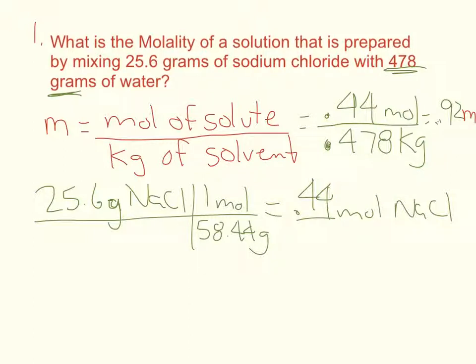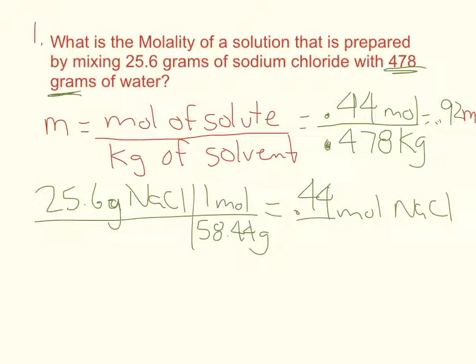All right, so let's go over what we just did. We're calculating molality, and molality is a lowercase m, and it is moles of solute divided by kilograms of solvent. We have to be careful in this problem because both of them are given in grams, and so I have to know what's the solute and what the solvent is.